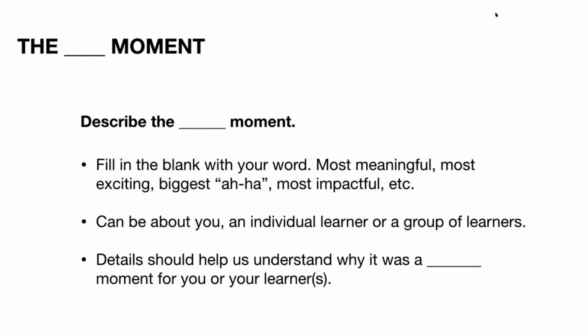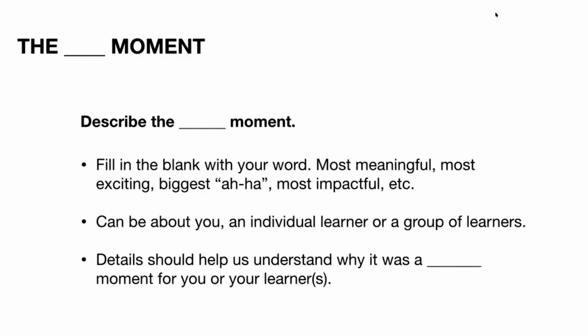It can be about an individual learner, although I would make sure that it's maybe one learner's experience that kind of shows us the whole learner experience, or shows us what that impact would be. Or it could be a group of learners.